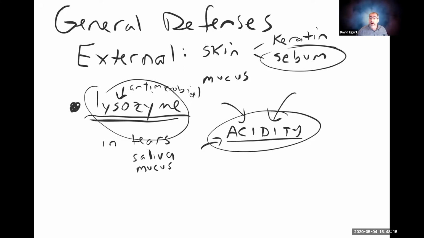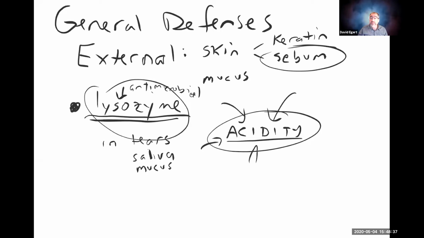It's why women often will get yeast infections after they've taken antibiotics. If you take antibiotics for some infection, you're killing off the bacteria that you were trying to kill, but you're also killing off all sorts of bacteria, including your friendly lactobacillus in the vaginal canal that were keeping it low pH.